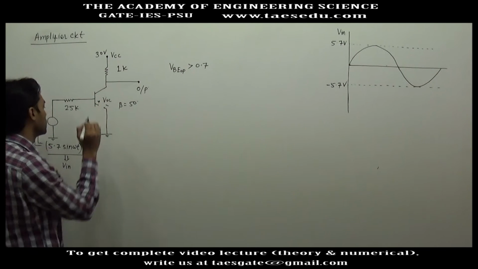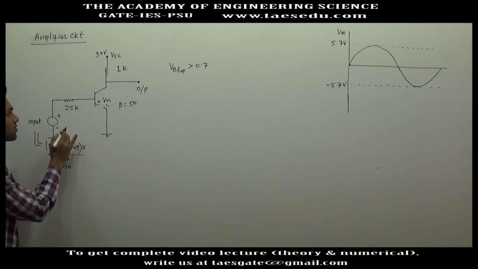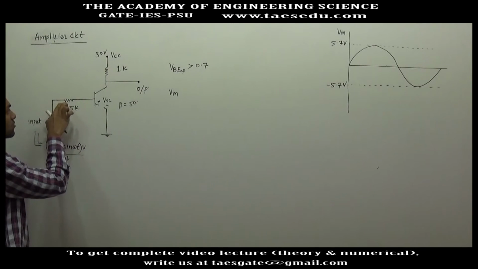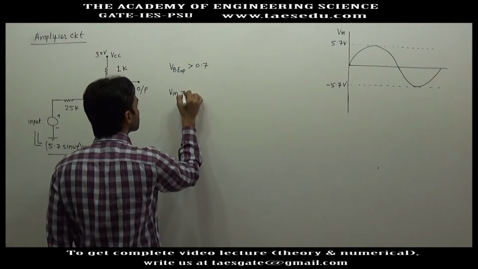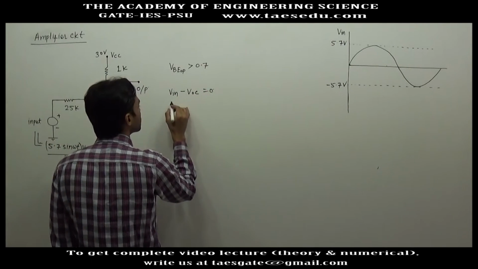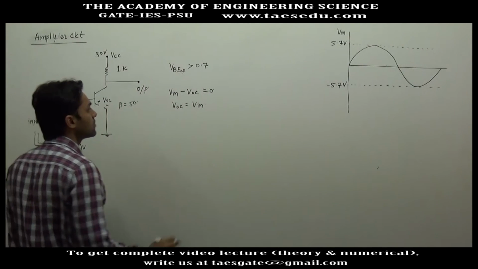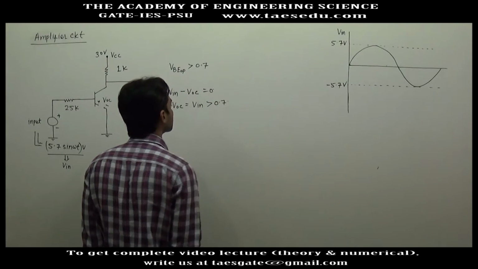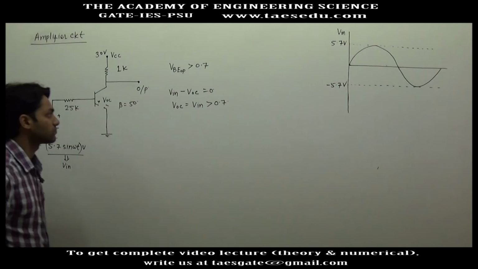Let's say this voltage is VOC, and if you move from here you will have a gain of input voltage. Since this is open circuited, no current can flow here, so there is no voltage drop, minus VOC equal to 0. So VOC is nothing but V input. So we will say when V input is greater than 0.7 volt, the transistor will be out of cutoff region.